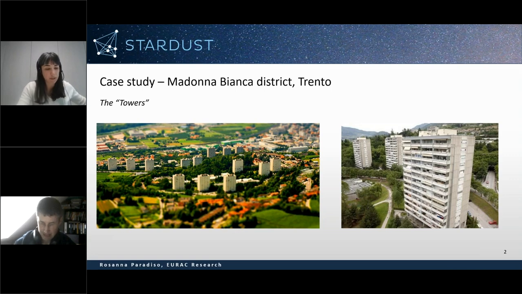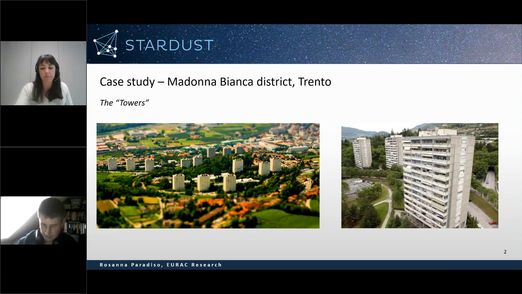They wanted to study the towers for renovation in the vision of near zero energy buildings.